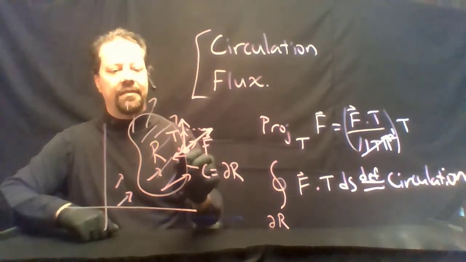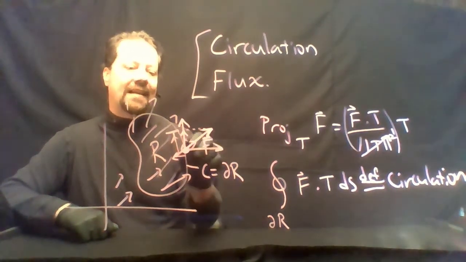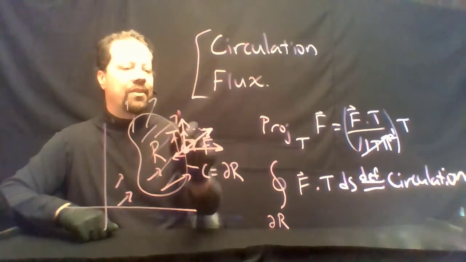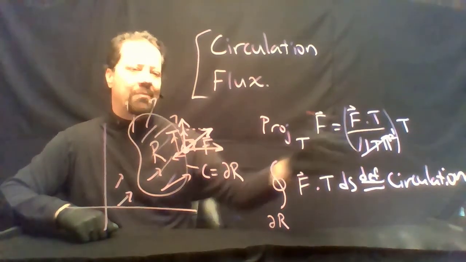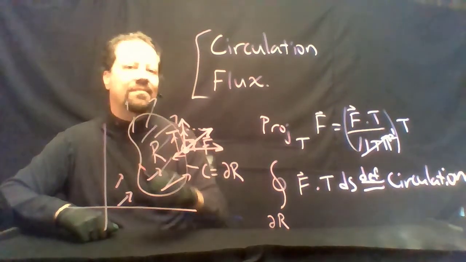It's the tendency of the vector field to go tangent to the curve. If the vector field is at exactly a right angle to the unit tangent vector, the dot product will be 0, and you will not get any circulation at all.